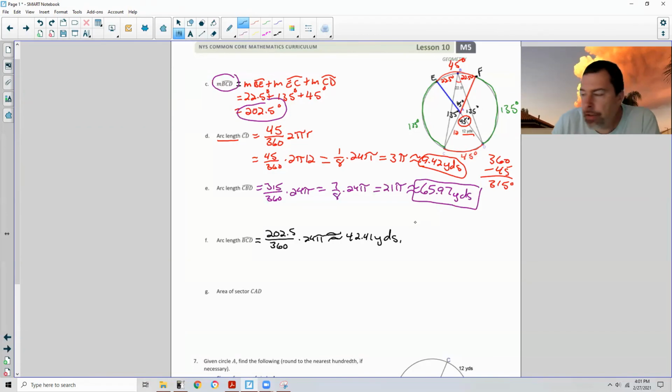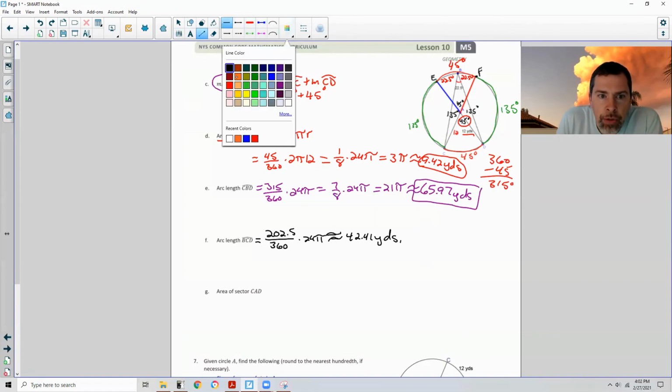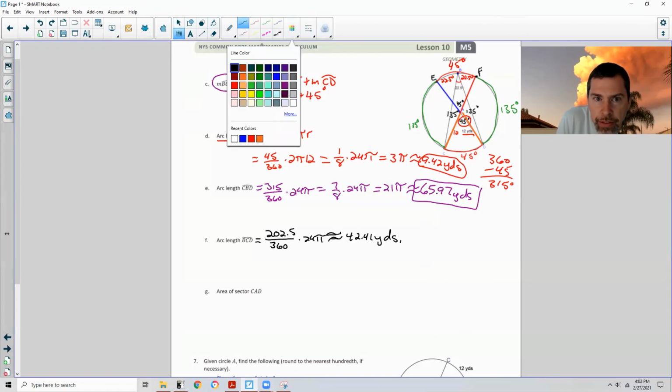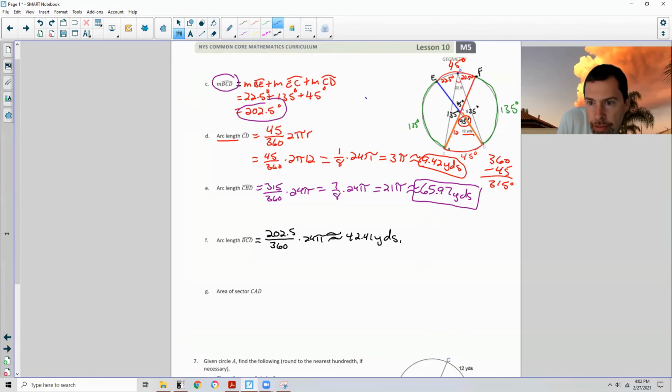Okay, and now the area of the sector CAD. So where is sector CAD? Let me do that in orange. Here's C, here's A, here's D. So it would be this area, or this slice of pizza, if you will, or pie. Okay, right here. So it's going to be this along with that piece there, central angle of 45 degrees.